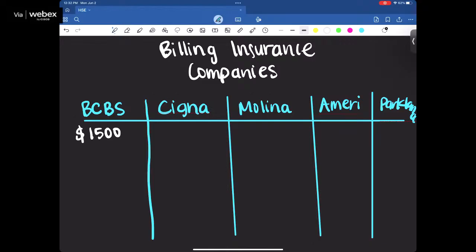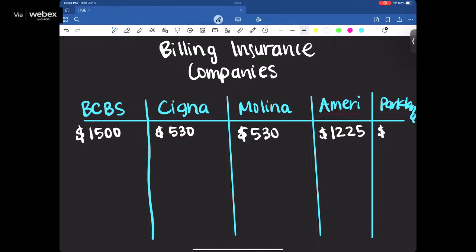All these insurance companies. Blue Cross Blue Shield gets billed $1,500. Cigna gets billed $530. Molina gets billed $530. Amerigroup gets billed $1,225.